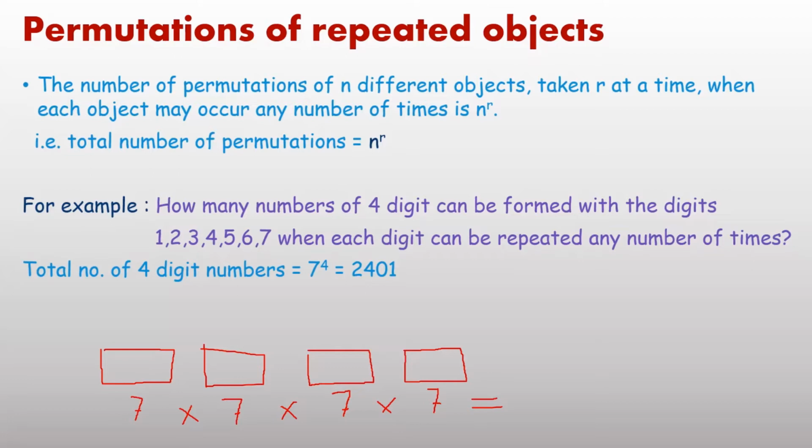Then the number of permutations equals 7 power 4, equal to 2401. If you multiply here also you will get 2401. In this pattern you can solve this question.